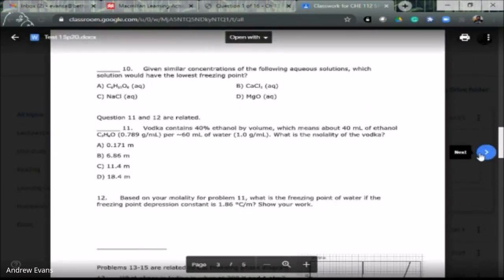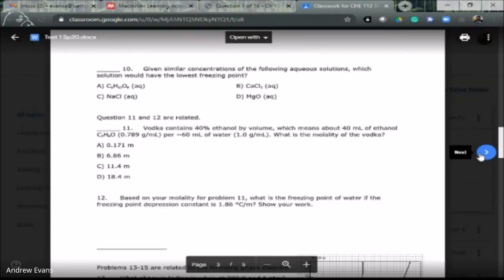A very easy problem if you know what to do, kind of tricky if you don't. Given similar concentrations of the following aqueous solutions, what solution would have the lowest freezing point? So aqueous, they're all in water. So the main thing here is what is dissolved.